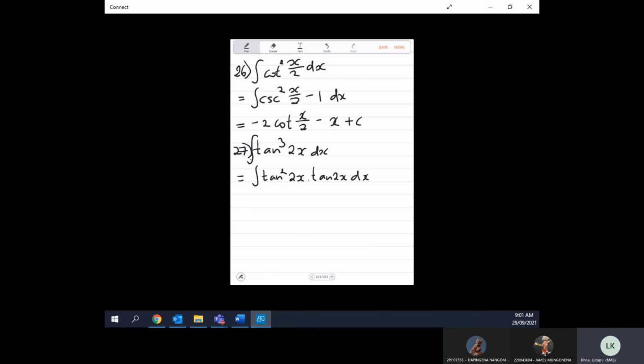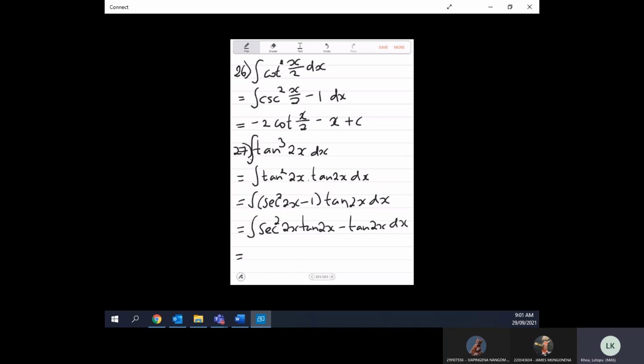Then tan squared, we rewrite as sec squared minus 1. So this is the integral of sec squared 2x minus 1 times tan of 2x dx. Then this is sec squared 2x tan 2x minus tan 2x dx.